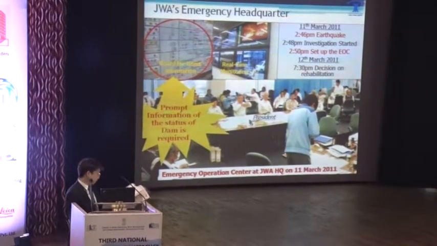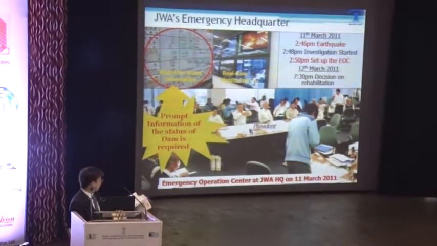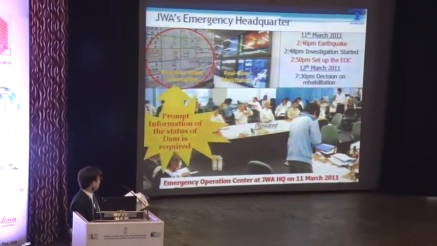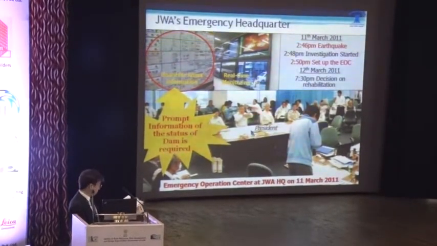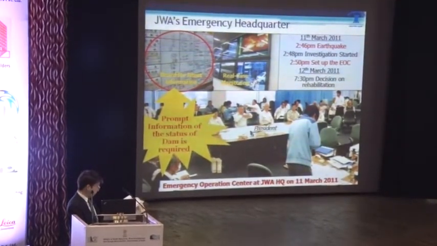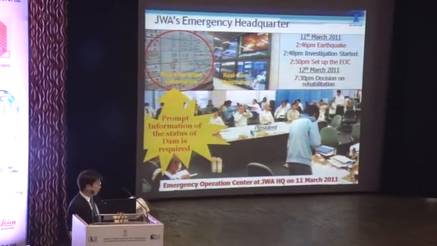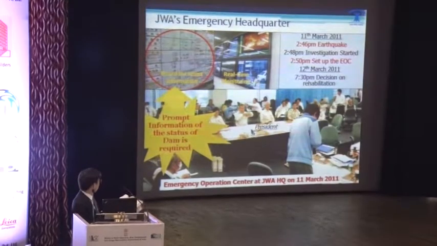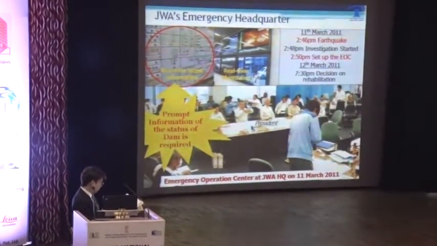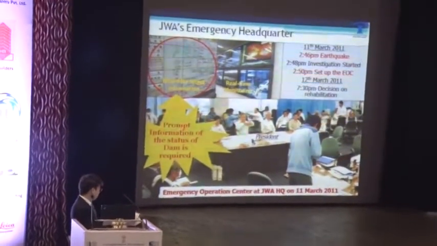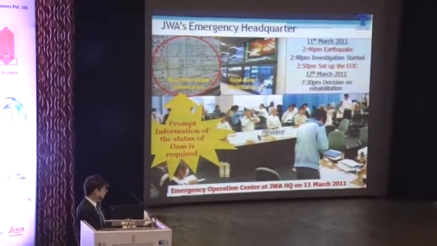In case of an earthquake, if the acceleration at the basement of the dam is beyond 25 centimeters per square second, or, as Japan has its own intensity scale, if the intensity is beyond 4, we must open this kind of emergency operating center.